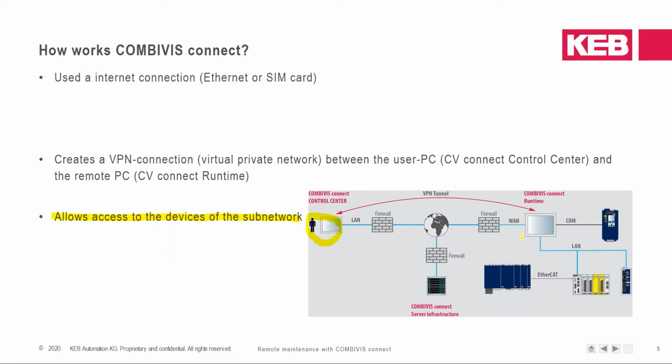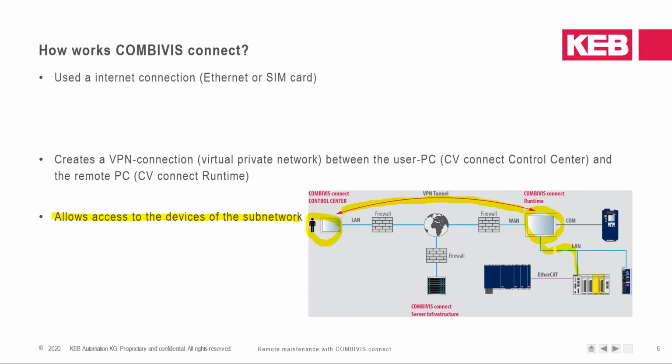Then you have the other component on the right side, the runtime. And the runtime here is apart from the KEB side. About the server structure, you can build up a VPN connection. And with this VPN connection, you're on the same network.